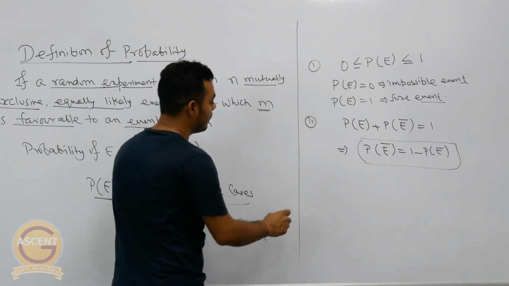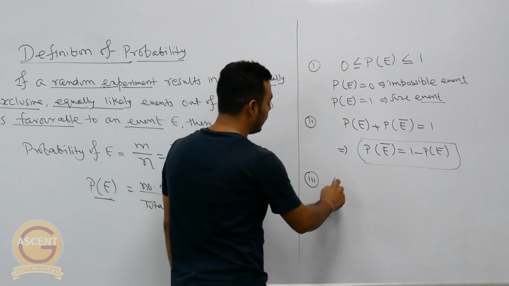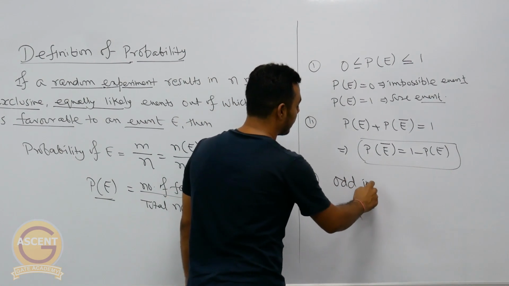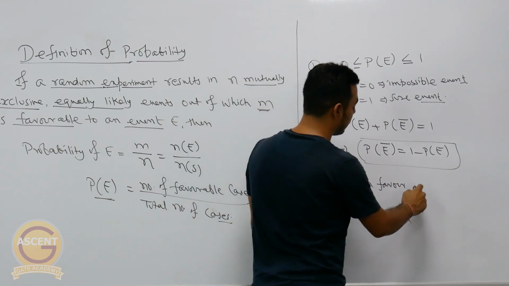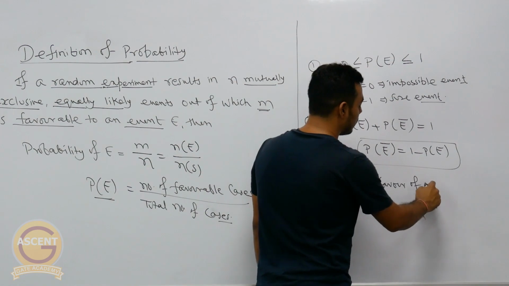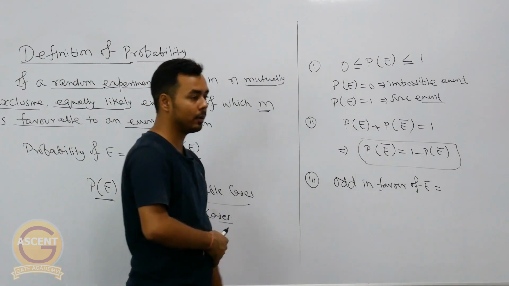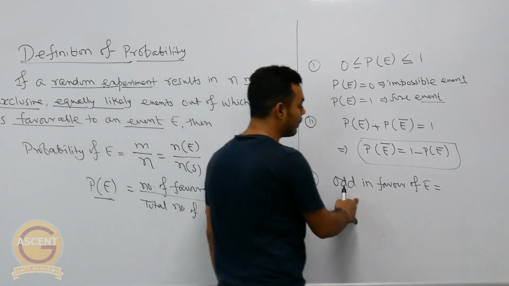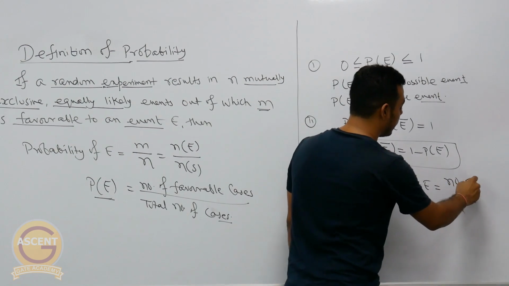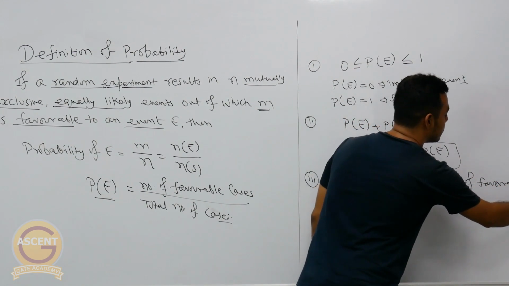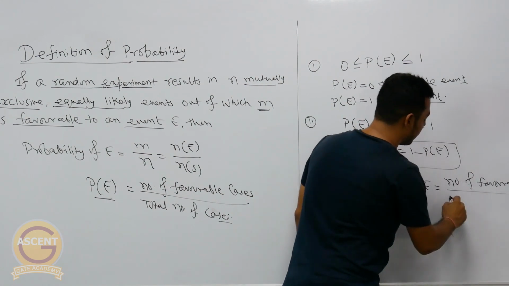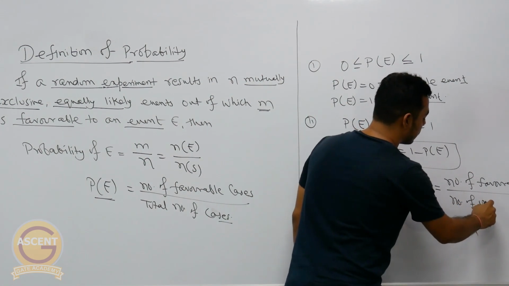And the third and most important point is odds in favor of an event. Sometimes probability is also represented in this manner, as odds in favor of E. The definition is that the odds in favor of an event E will be the number of favorable cases divided by the number of unfavorable cases.